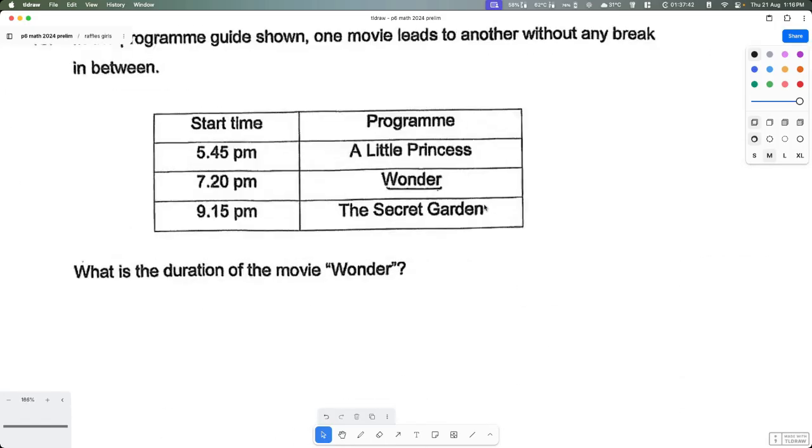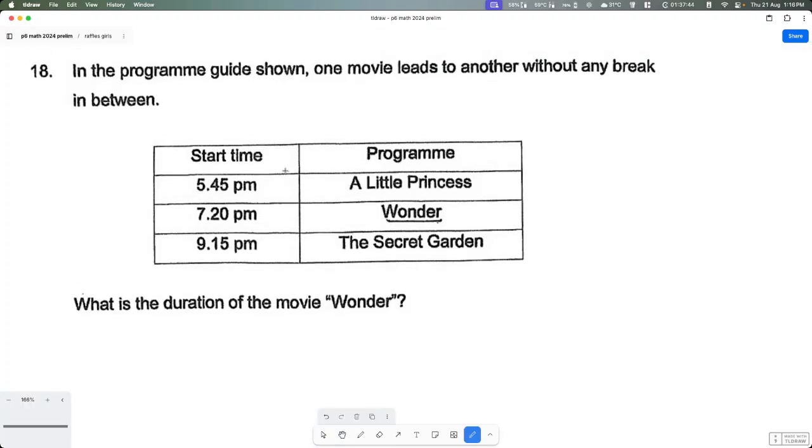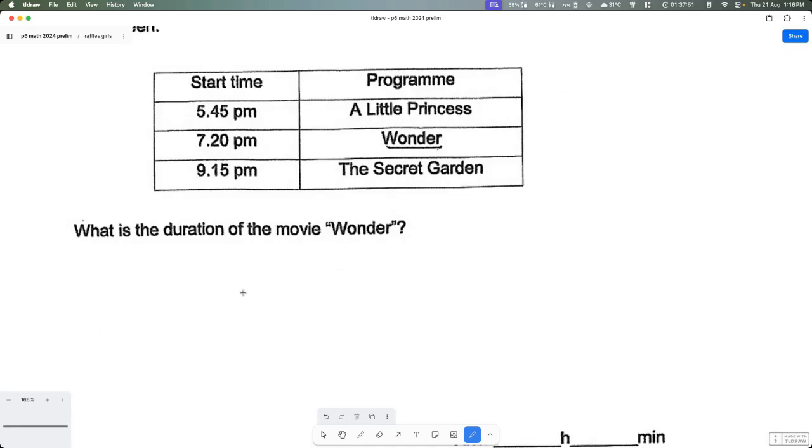Question 18 over here. In the programming guide shown, one movie leads to another with no breaks. What's the duration of the movie Wonder?